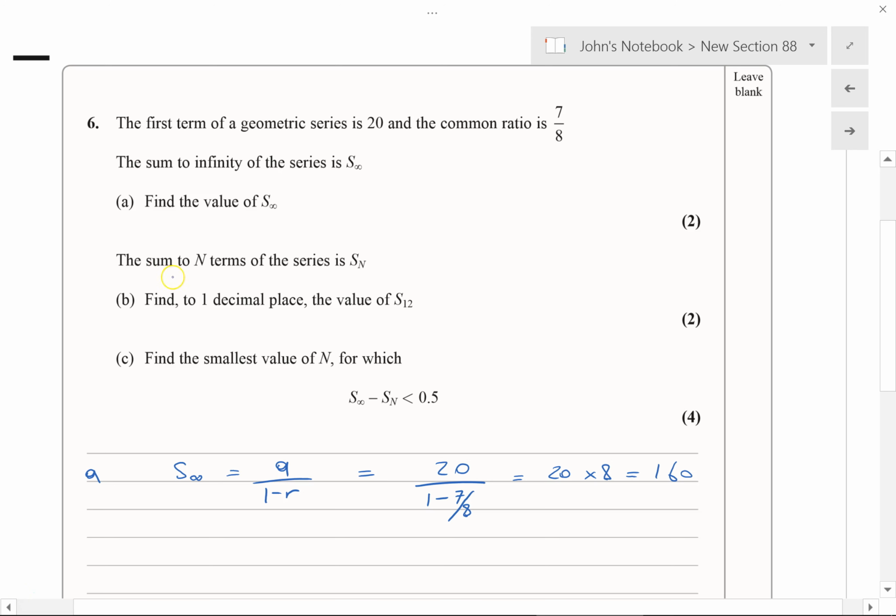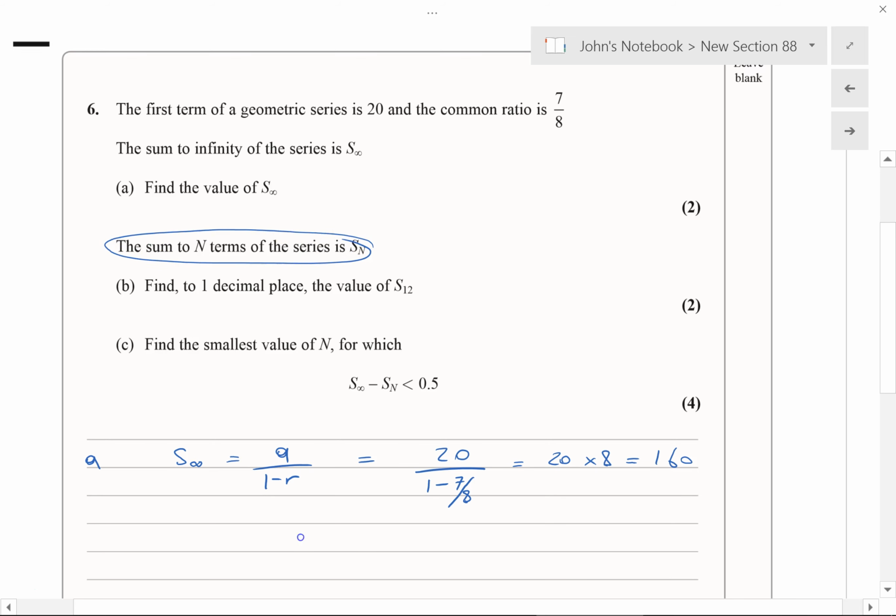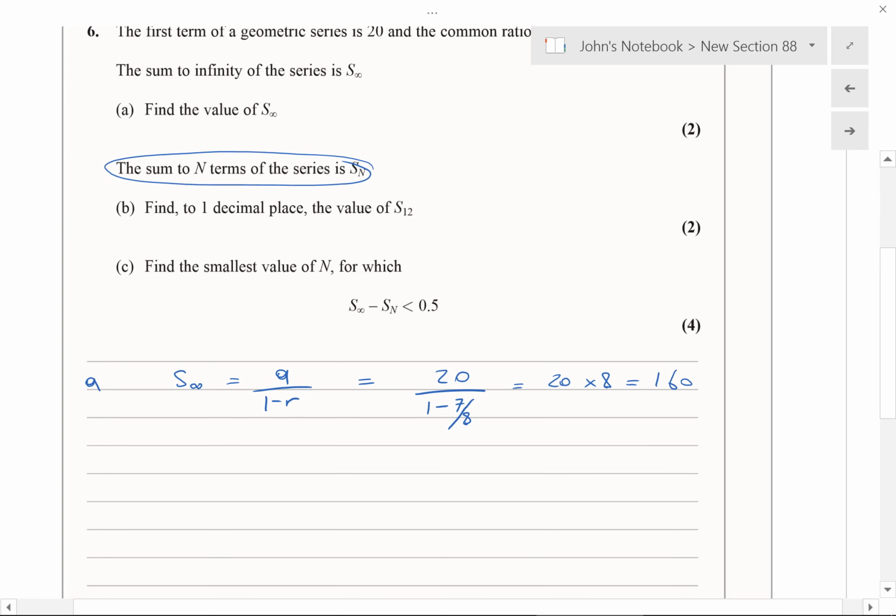It now says the sum to n terms of the series is Sn. Find to one decimal place the value of S12. Oh, well, again, not too difficult. The first two bits aren't looking too difficult. For S12, there's a formula given in the formula book: Sn is equal to a times 1 minus r to the n, over 1 minus r.